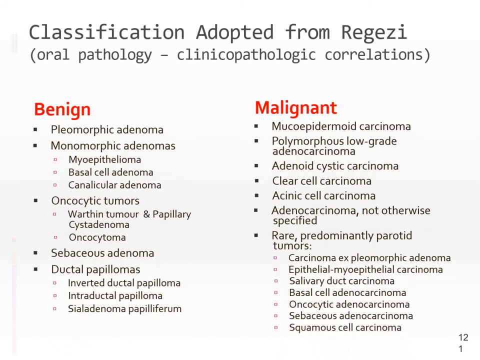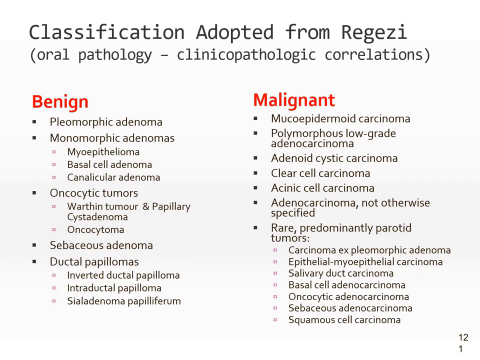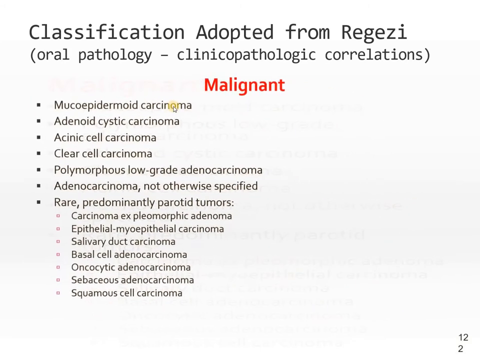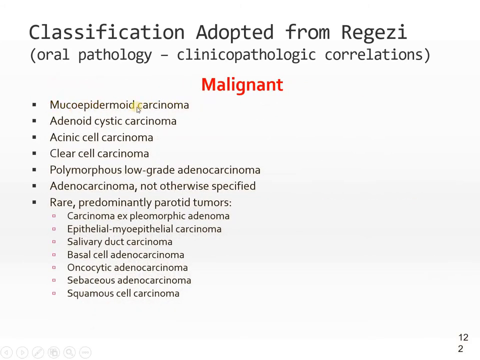The classification, as adapted from Regezi, divides them into benign and malignant tumors. The benign tumors mainly include pleomorphic adenoma, monomorphic adenoma, oncocytic tumors, sebaceous adenoma, and ductal papillomas. When it comes to malignant salivary gland tumors, the most common is the mucoepidermoid carcinoma, followed by adenoid cystic carcinoma and acinic cell carcinoma.